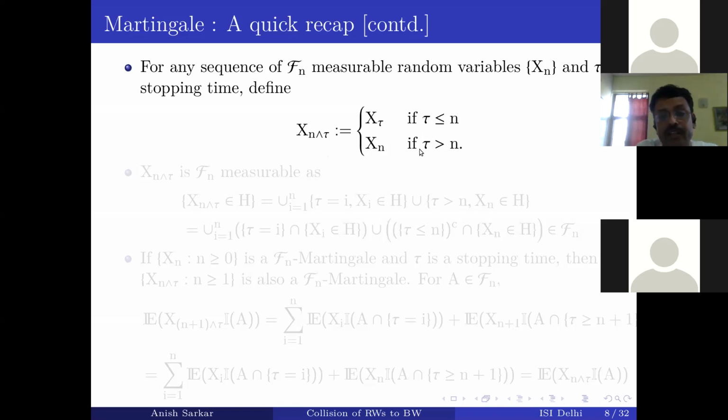That would become x20, because tau is now less than or equal to n, with tau equal to 20 and n equal to 21. So you stop at 20. And x22 minimum tau would also be equal to x20. x23 minimum tau also, so from that stage onwards, you are fixed at x tau.